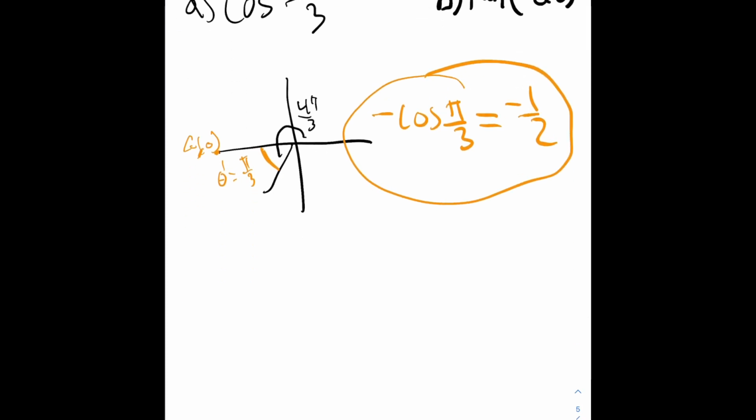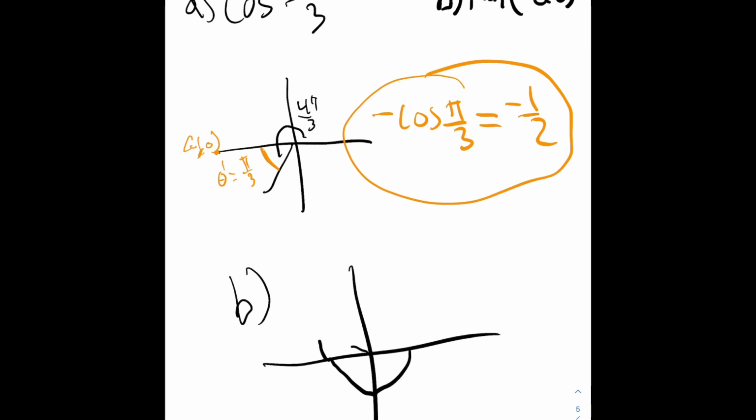For part B, tangent of negative 210. If I go 90, 180, negative 210, that's going to be up here somewhere. Which means for me to get back to 180, this small little section right here would be 30 degrees.